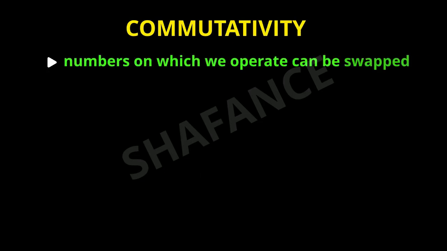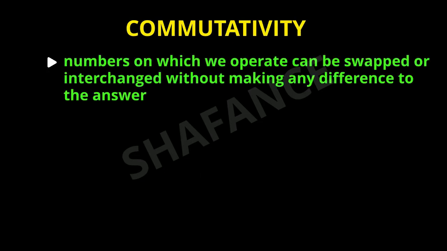The next property is commutativity. Commutativity states that the numbers on which we operate can be swapped or interchanged without making any difference to the answer. Let us understand this through an example. Here we are doing 6 multiplied by 2. So we are doing multiplication of two numbers.